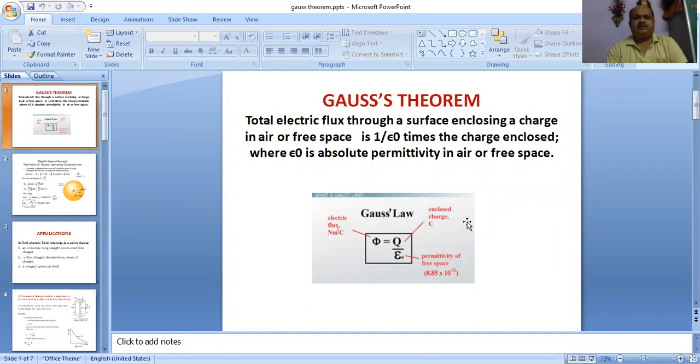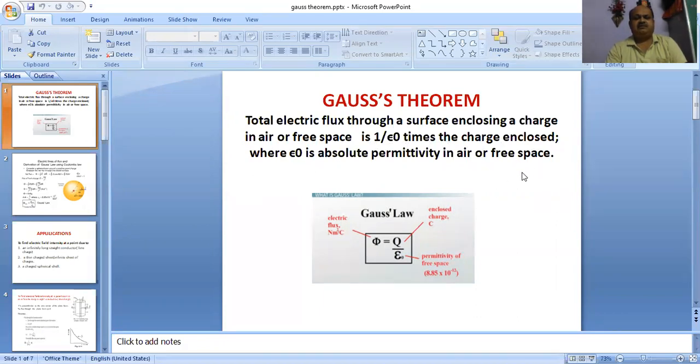Gauss theorem states that the total electric flux through a surface enclosing a charge in air or free space is equal to 1 by epsilon naught times the charge enclosed, where epsilon naught is absolute permittivity in air or free space.